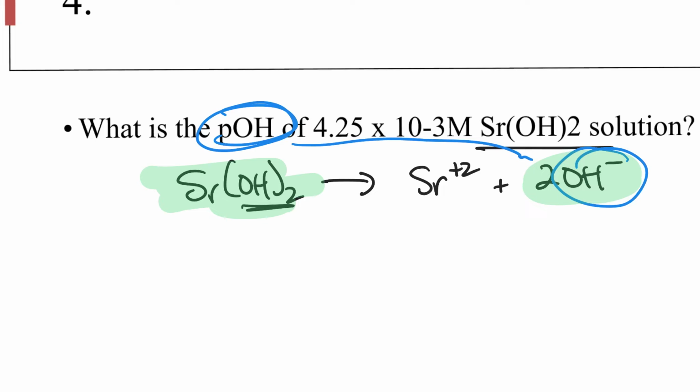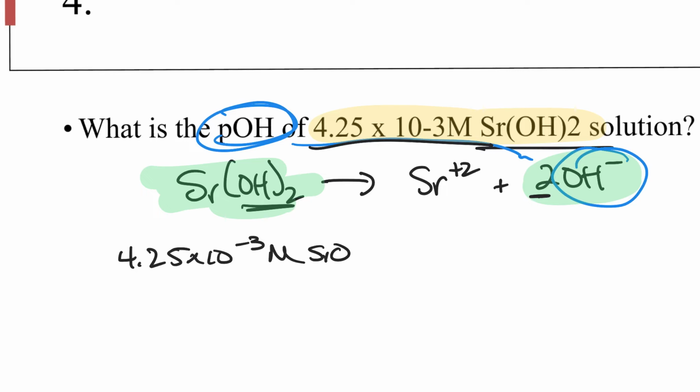Since this is just the concentration of strontium hydroxide and the pOH is looking at the concentration of just the hydroxide, you are going to have to multiply this number by the coefficient that's here. So the first thing you want to do is multiply 4.25 by 2. If you want to see the dimensional analysis, I'll write that out: times 10 to the negative 3 molar of strontium hydroxide.